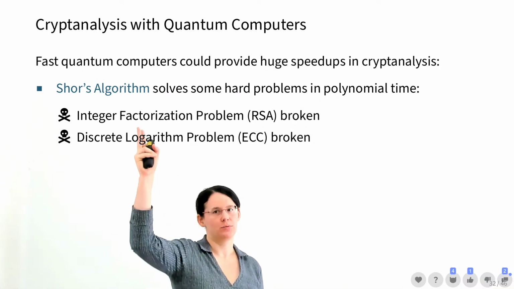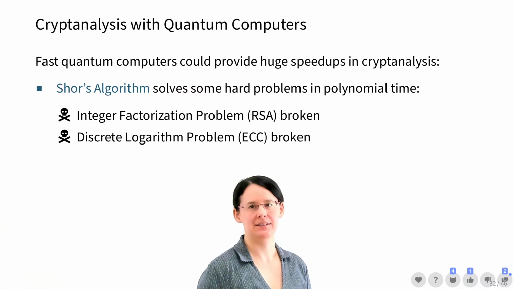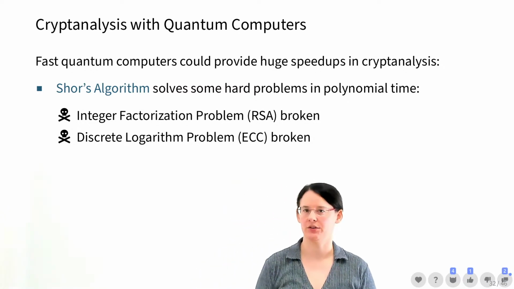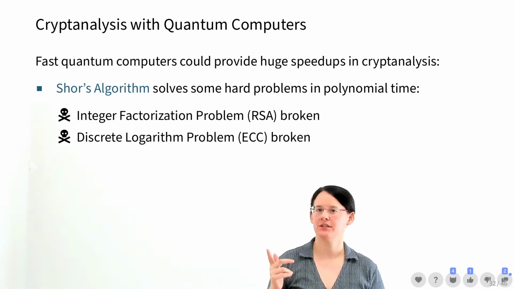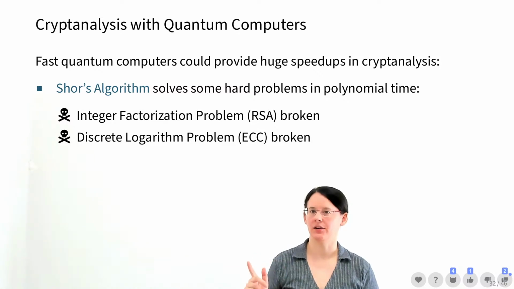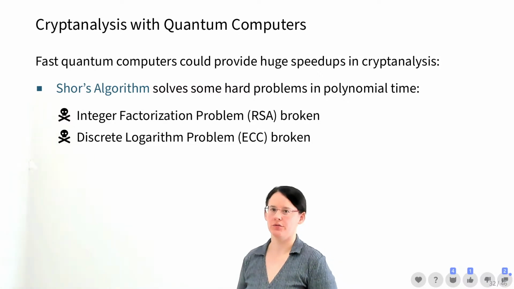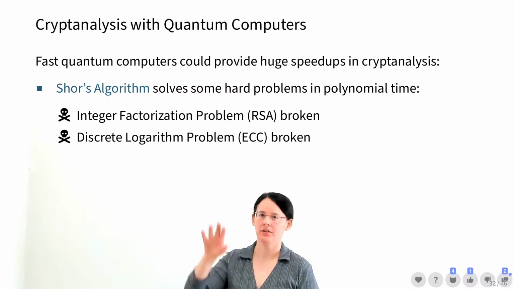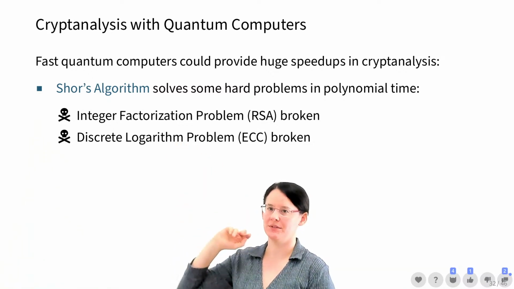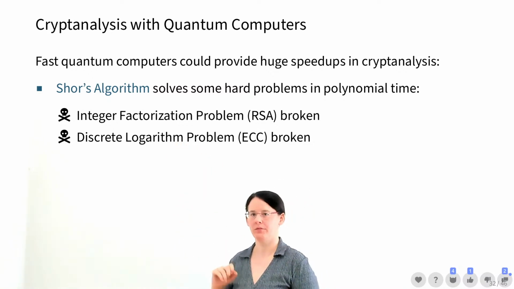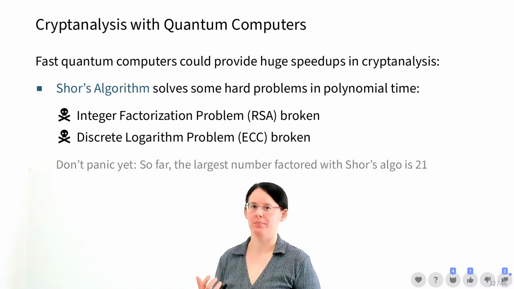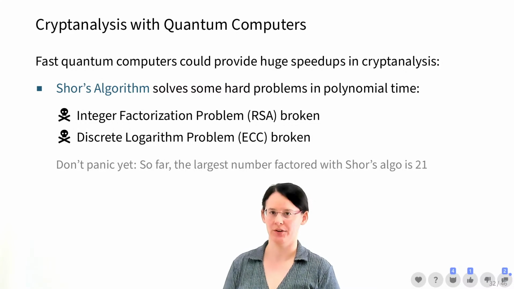And the 2 most important examples of this are integer factorization and all the variants of the discrete logarithm problem, including the elliptic curve discrete logarithm problem. So all the signature schemes and key exchange schemes that I've discussed so far would be vulnerable to this algorithm. However, currently we are not capable of building sufficiently strong and stable quantum computers.